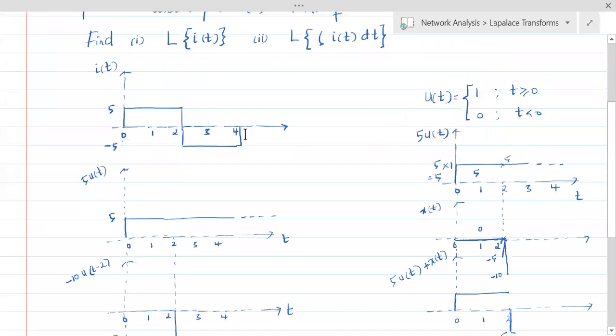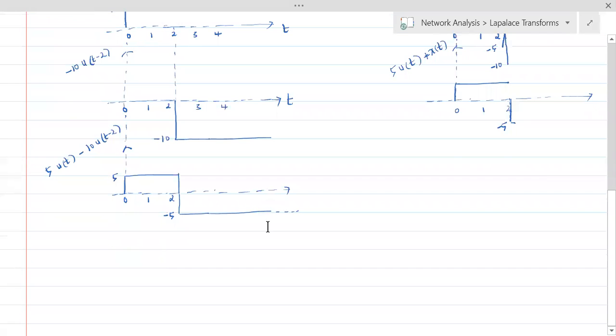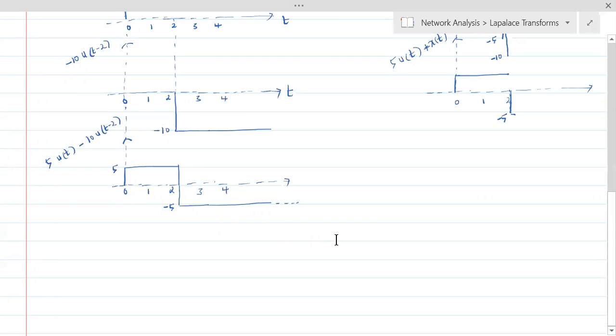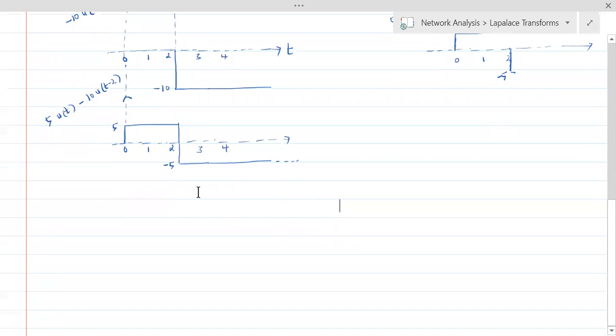The given signal is this, which would become 0 at 4. So how to make this 0 at 4? At 2, 3, 4, at this point it should be 0. If this -5 has to become 0, I need to add +5 to this. So everybody, I need a signal.